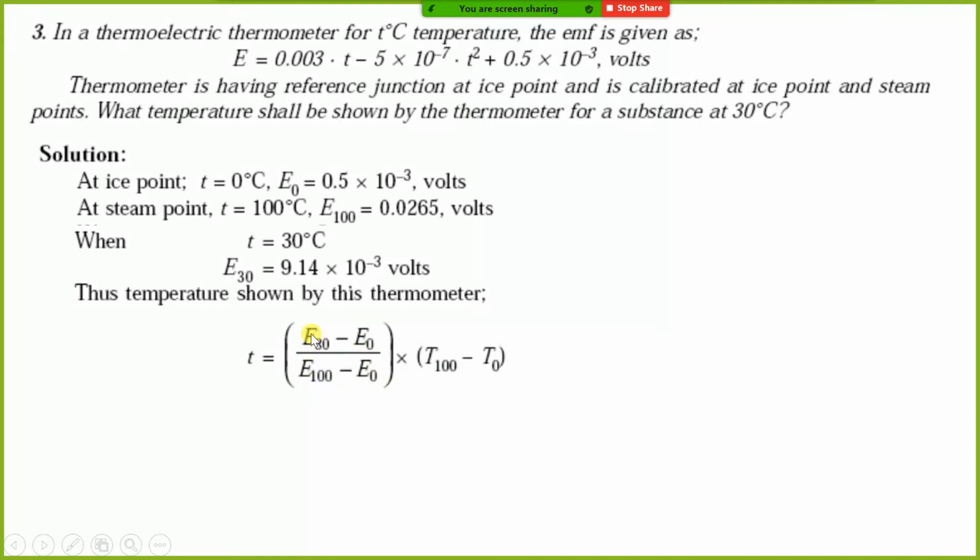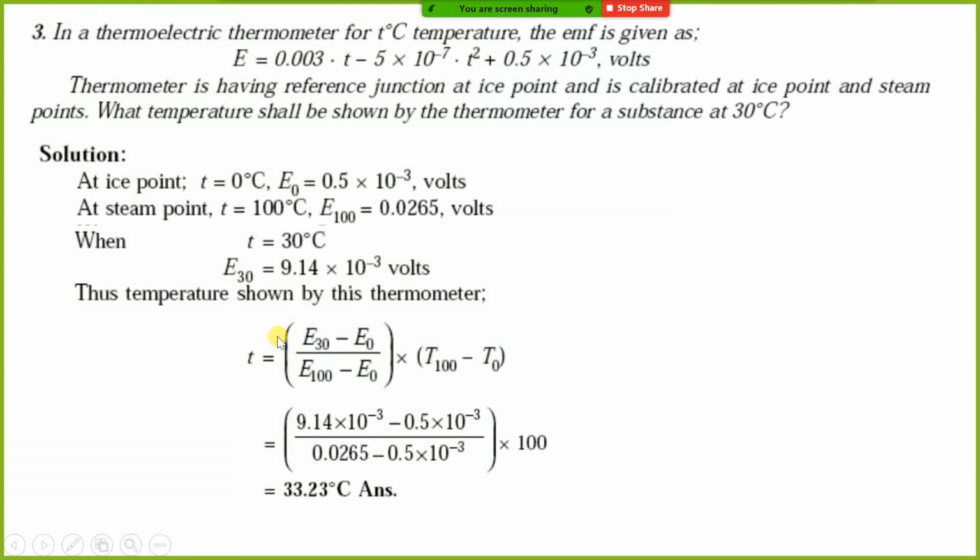At 30 degrees we know the volt, at 0 degrees we know the volt, at 100 degrees we know the volt. We have to calculate temperature T at 30 degrees. We don't know the value of T at 30 degrees. It is multiplied by the temperature at 100 degrees minus the temperature at 0 degrees.